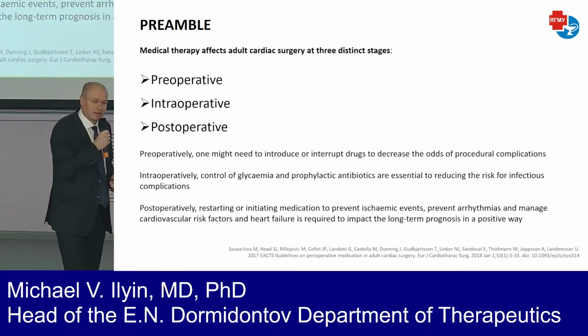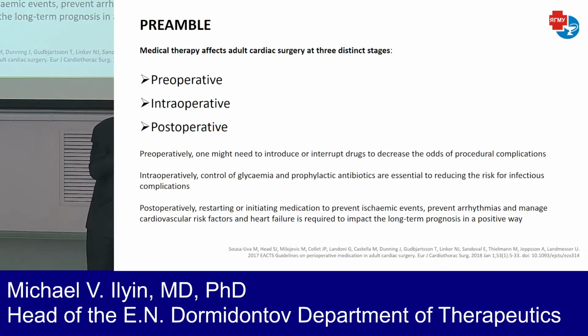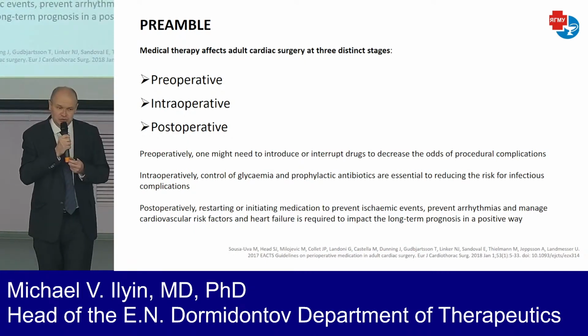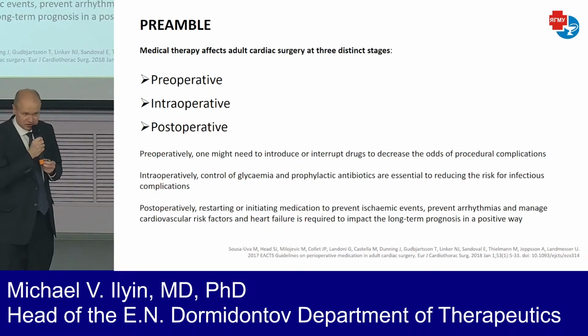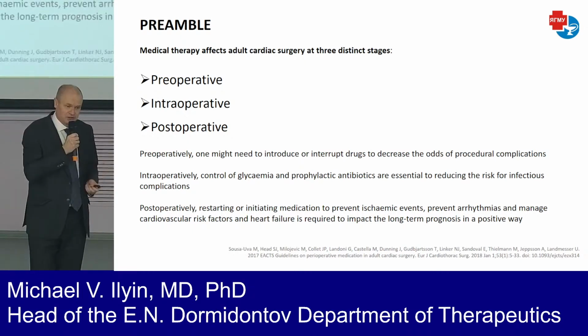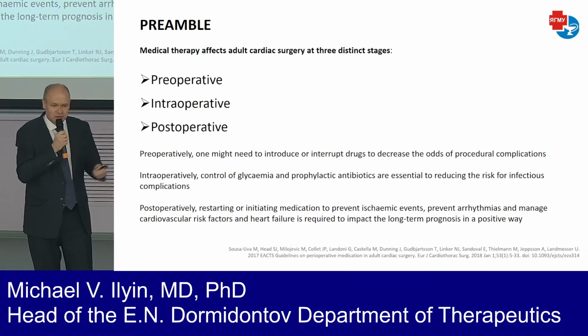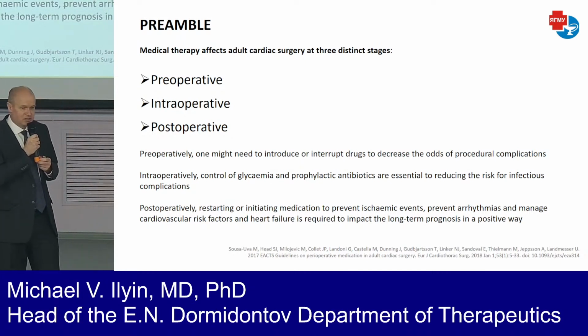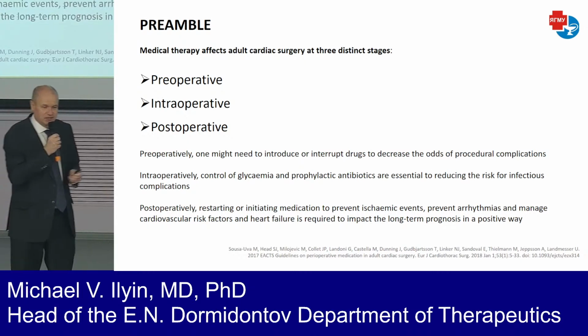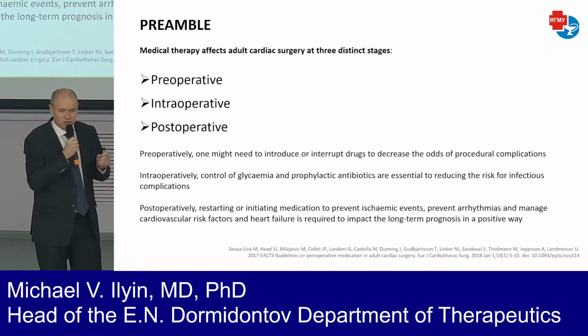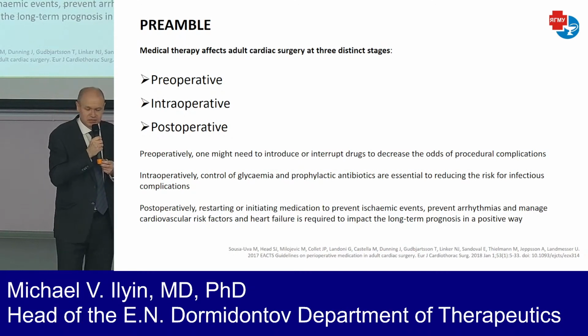So let's go to the preamble. In the preamble, I would like to say that medical therapy affects adult cardiac surgery at three distinct stages: preoperative, intraoperative, and postoperative. Preoperatively, one might need to introduce or interrupt drugs to decrease the odds of procedural complications. On the second stage, intraoperatively, control of glycemia or prophylactic antibiotics are essential to reducing the risk for infectious complications.